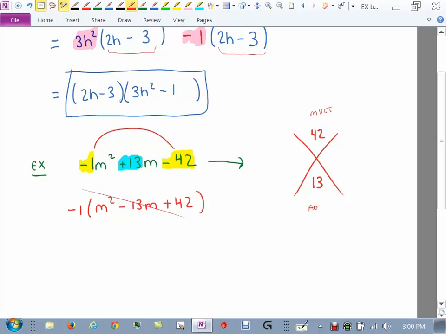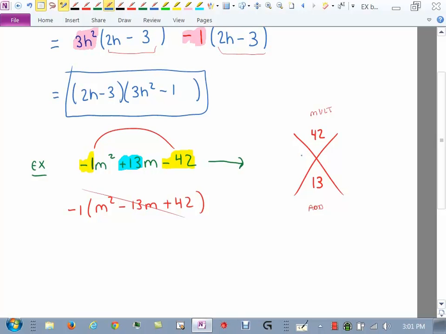Does everyone understand that if you have your own method that you learned and you can factor that without any of this junk I'm doing on the side, that's okay? Yes? And stick with it. But if you are lost at this and you don't know how to factor that, this at least is a guide for you. Can you think of 2 numbers that multiply to be 42 and add to be 13? 6 and 7.